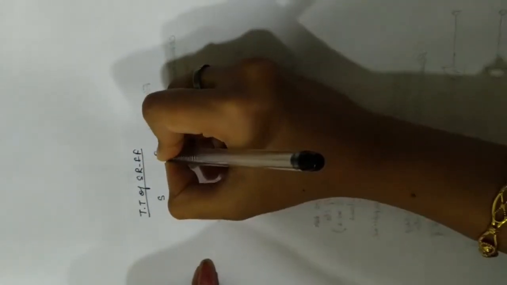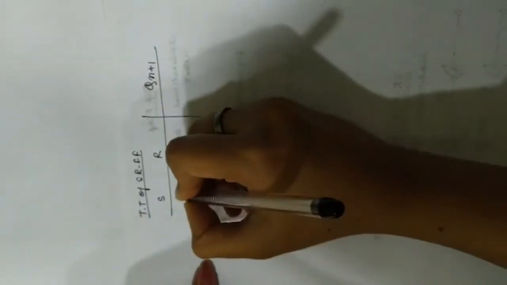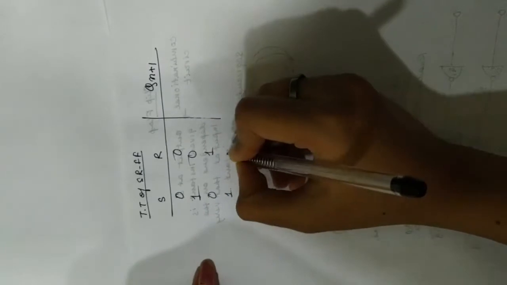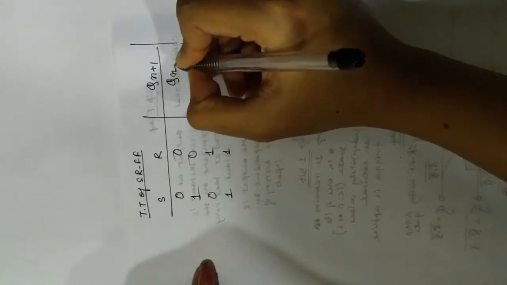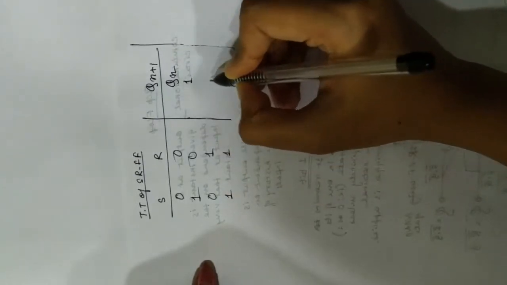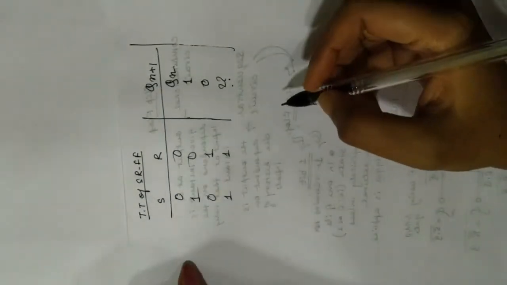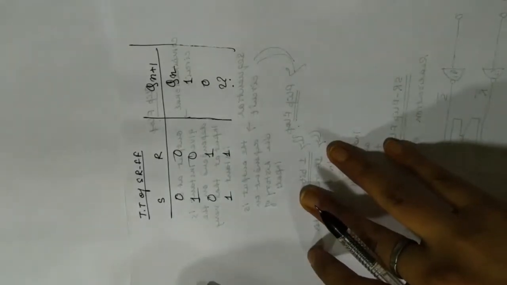You have S, R and the output Qn plus 1. The rows are 0 0, 1 0, 0 1 and 1 1. Over here we get Qn, over here we get 1, over here we get 0, and over here we get an unpredictable result. This state is not allowed. So we'll try to understand how we get this truth table.